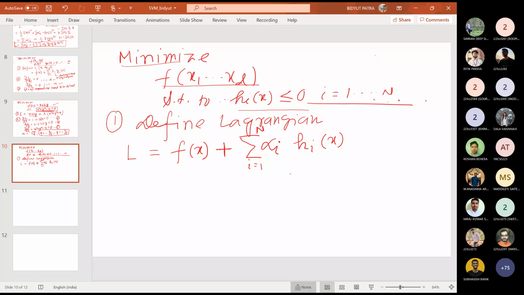Because it is an inequality, this function has to satisfy a few constraints. So that is something called the KKT constraints.